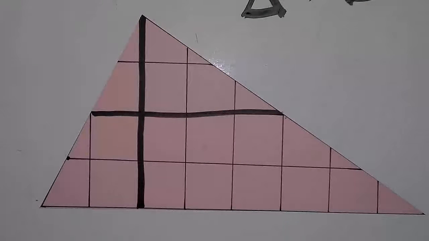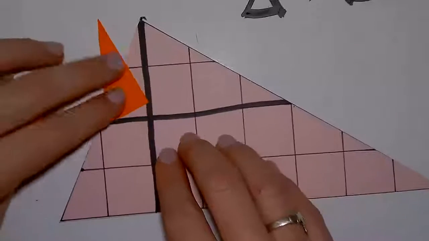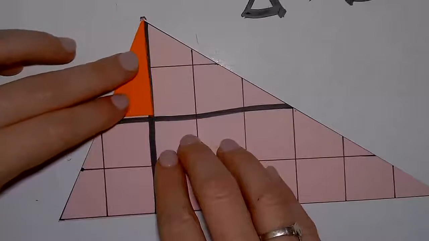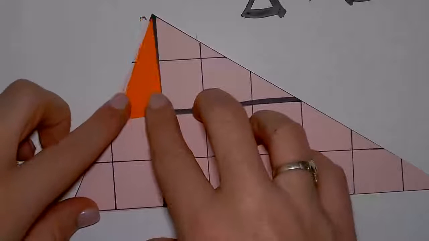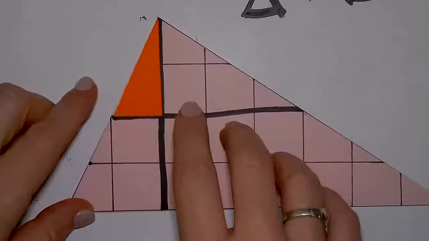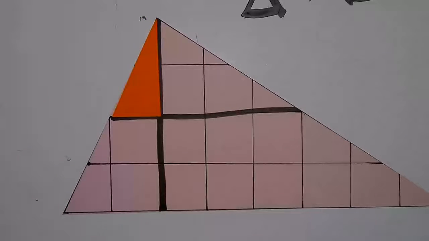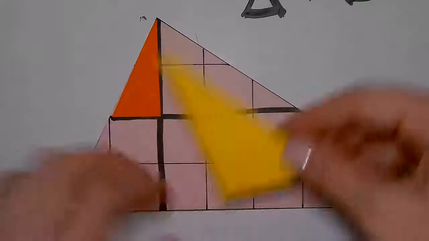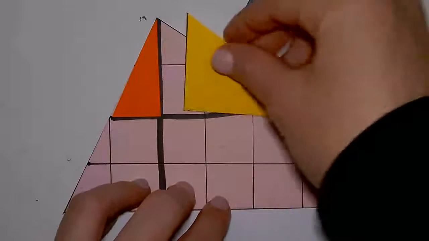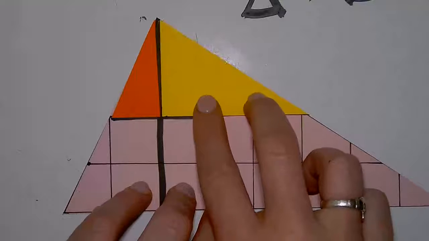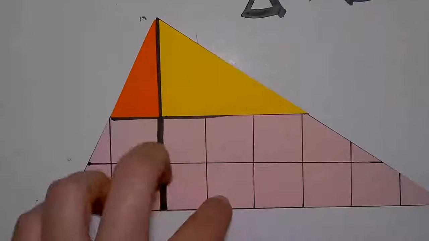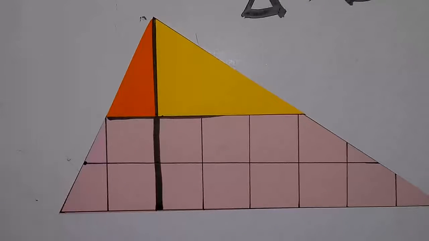And to better show you what comes next, I'm just going to replace these tiny segments of my pink triangle with some little colored pieces. So it's the same triangle, nothing's changed yet. We just want to be able to see a little bit better how we've cut our triangle up.